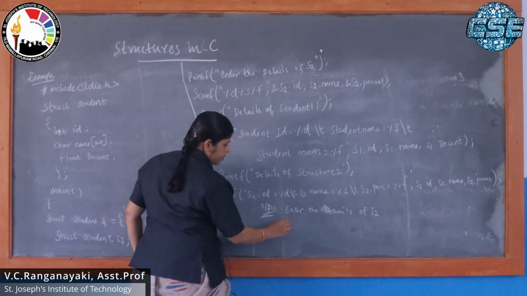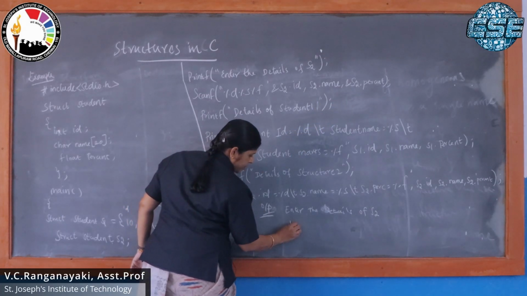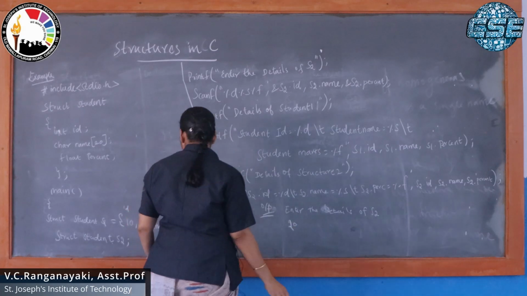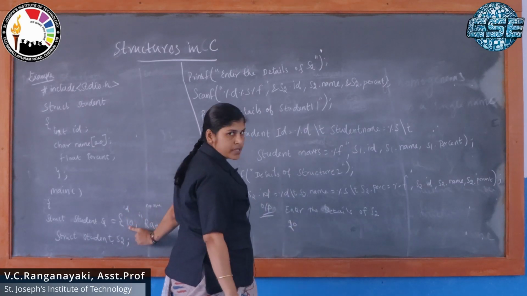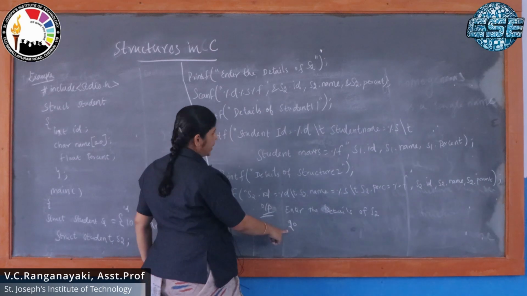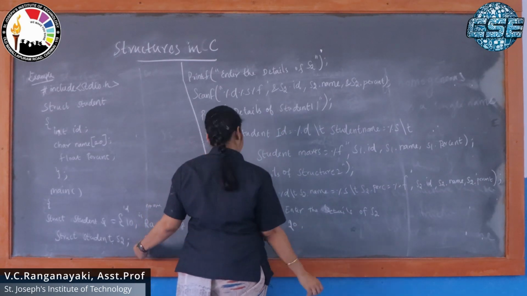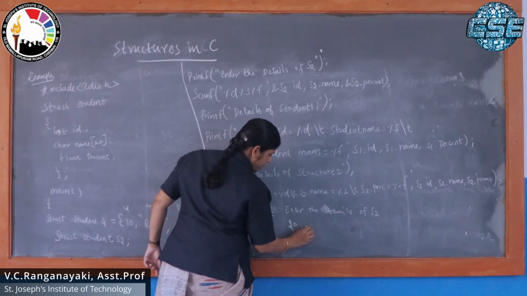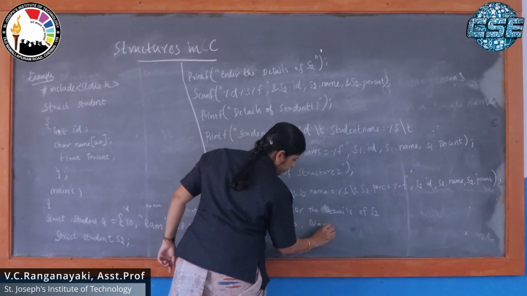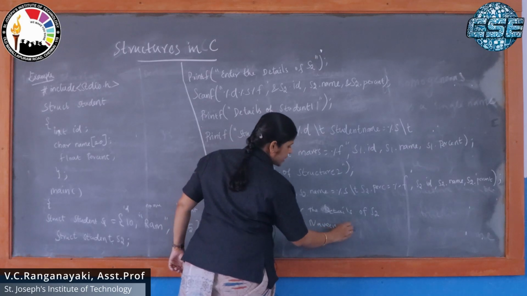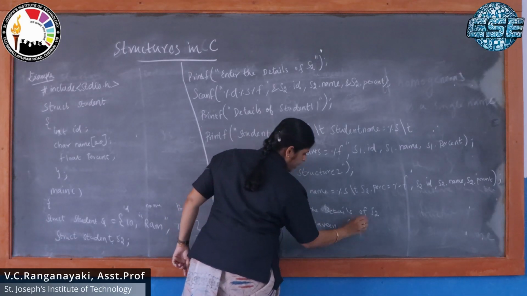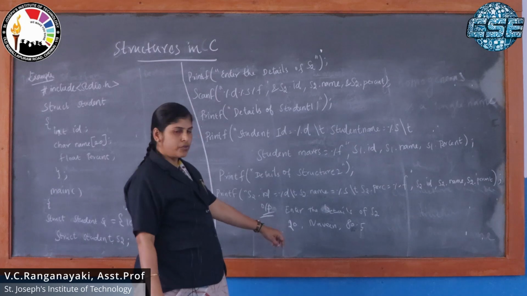First ID I'll give as 20, because for student 1 I gave 10. Name, here I gave Ram, here I'll give Naveen. Third thing, percent is 80.5. Like that I'll give the student details.